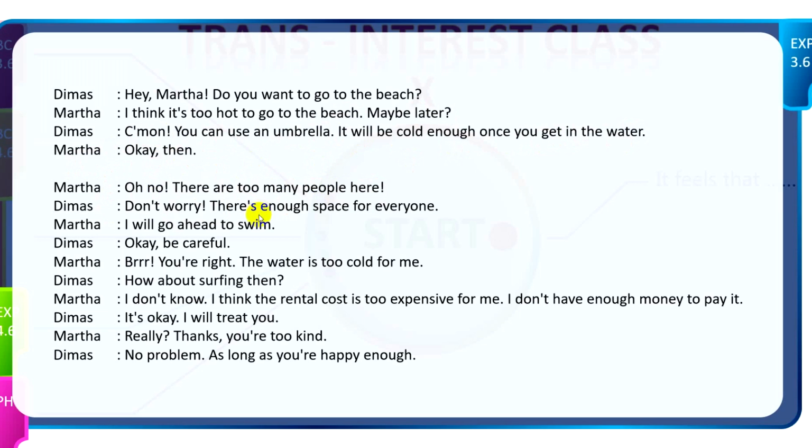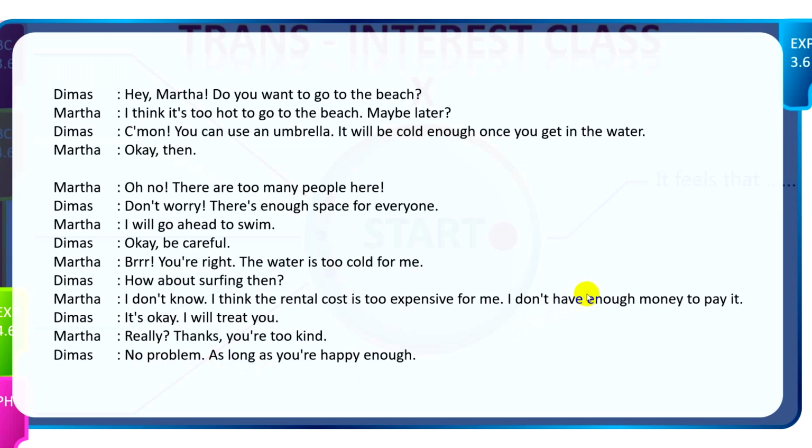"Don't worry, there is enough space for everyone. I will go ahead and swim." "Okay, be careful. You're right, the water is too cold for me." "How about surfing then?" "I don't know. I think the rental cost is too expensive for me. I don't have enough money to pay it." "It is okay, I will treat you." "Really? Thanks, you're too kind." Dimas said, "No problem, as long as you are happy enough."